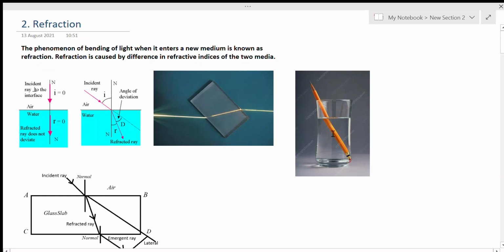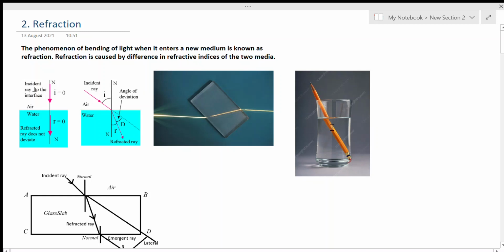Similarly, in this figure, the pencil is inside the water and a part of it is in air. So you can see that it has two paths. The light is passing through two directions. That is why it looks like it is bent. This phenomenon is known as refraction, that is the bending of the ray of light when it is passing from one transparent medium to another.